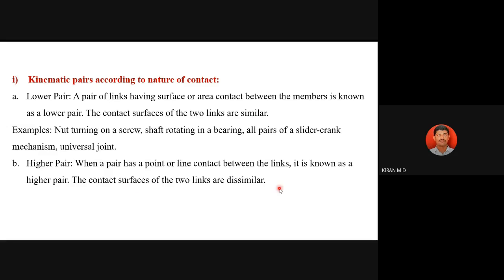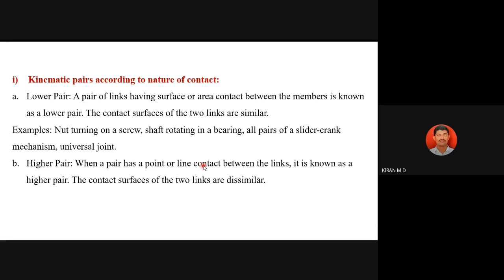Here, the contact surface is dissimilar, meaning the pairs have point or line contact. For example, consider balls or rollers. A ball rolling on a surface has only point contact, right?